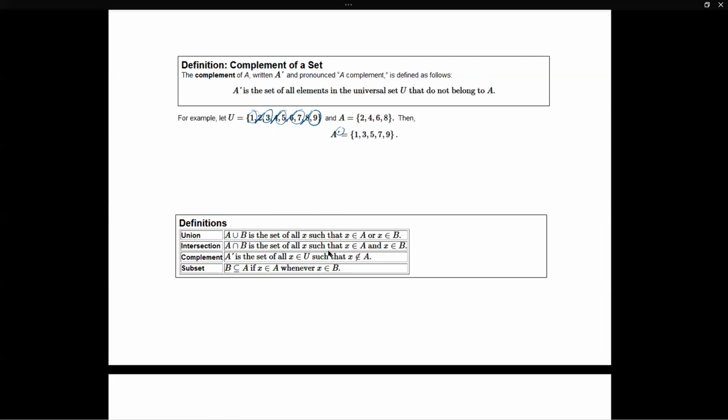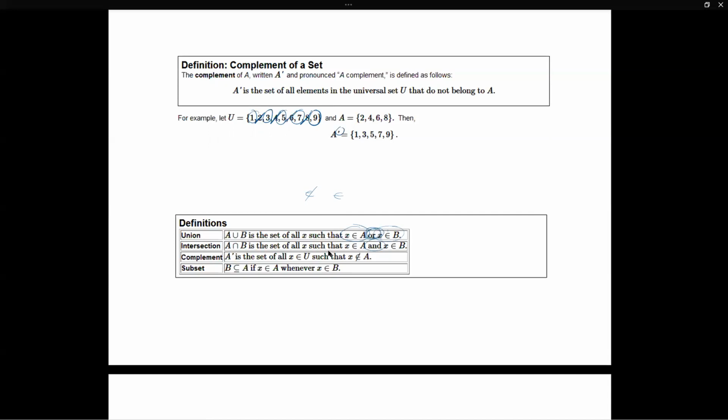So as a summary for 5.1, the homework problems are going to be straightforward this way. And if you have multiple of them, you just follow in order. So the union is such that X belongs to A, or X belongs to B. For the intersection, it's not or, that's the difference.